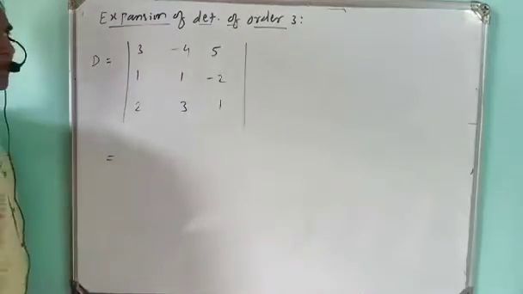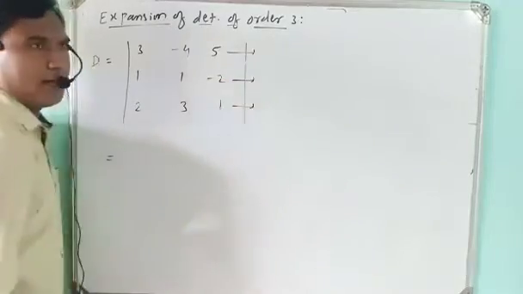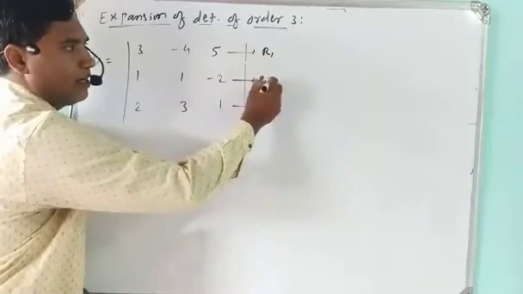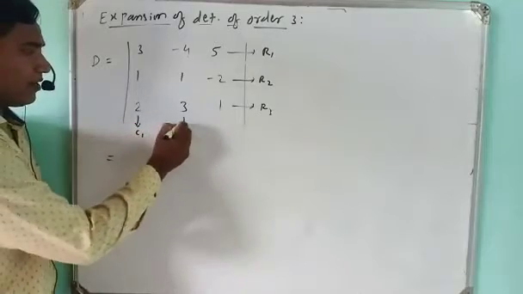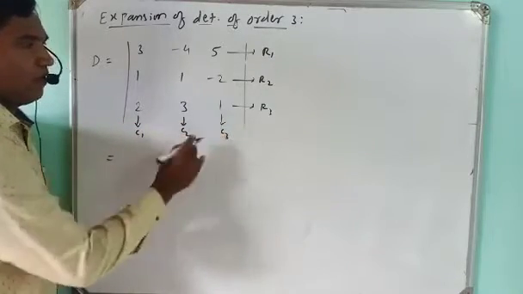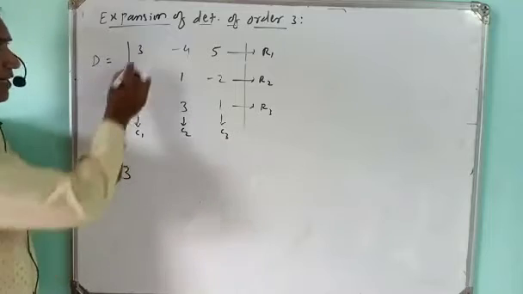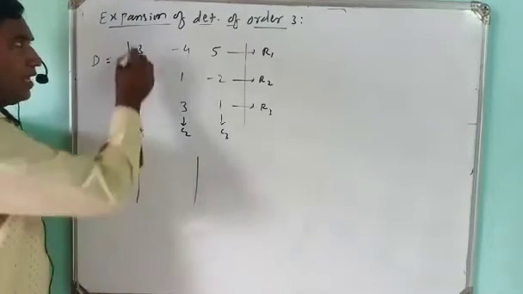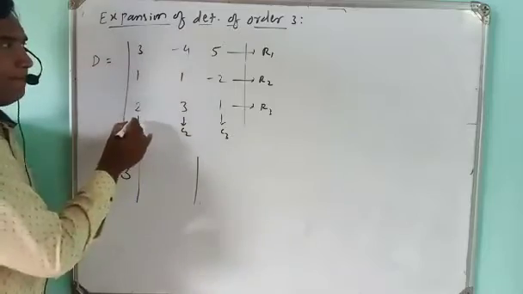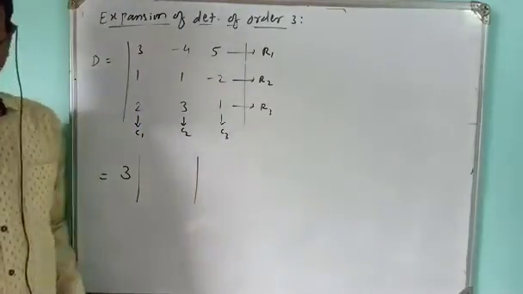Very simple one. You know that it is R1, R2, R3. Row 1, row 2, row 3. It is column 1, column 2, column 3. So how to expand that one? Very simple. First element 3 as it is. Then afterward, eliminating the column and the row of this one.